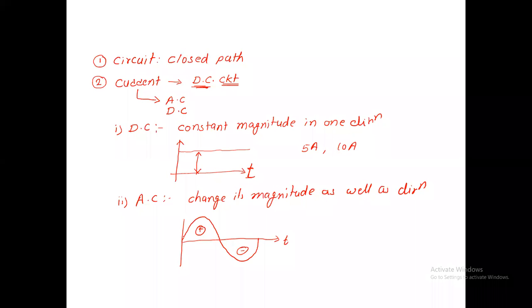The value of alternating current changes with respect to time, as well as the direction. This is the difference between DC current and AC current.